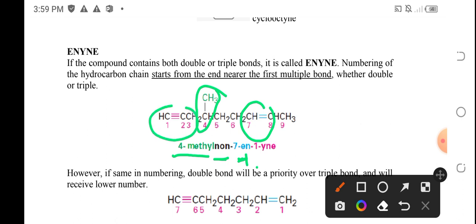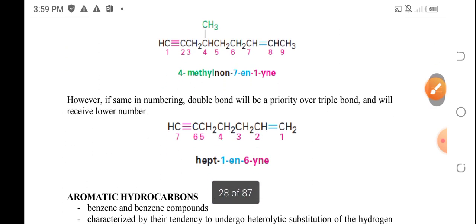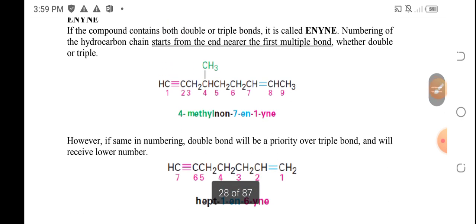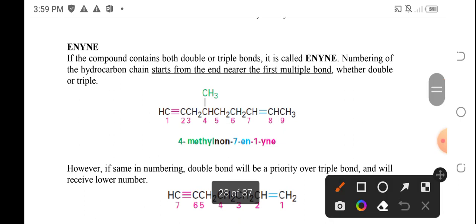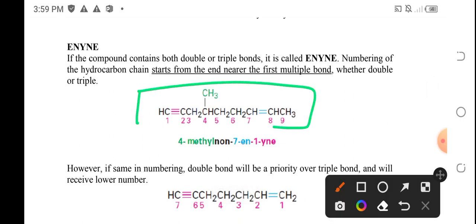And then the 1 for the Y and E. Okay, bakit ulit natin inuna ang E and E kaysa sa Y and E? Dahil sa alphabetical listing. And of course, dahil nasa pangalan niya na enyne. Okay? Now, paano naman daw, okay, sorry. So, that structure is named as 4-methyl non 7 in 1 ein. Okay?